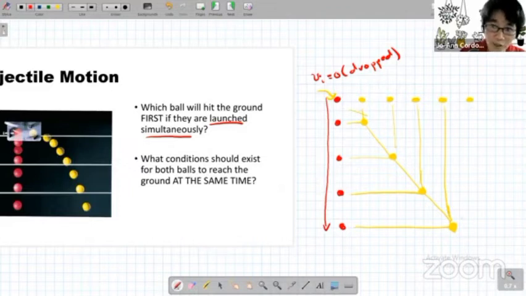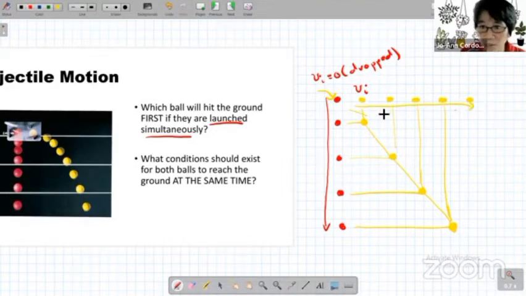So in order for yellow ball to do the same motion as the red ball, what we need to do is we need to actually give the yellow ball a velocity initial. However, ang velocity initial ni yellow ball is actually also governed ng kanyang horizontal component at ng kanyang vertical component.